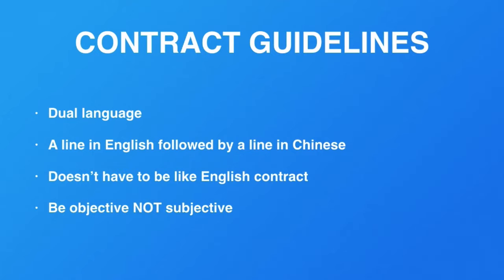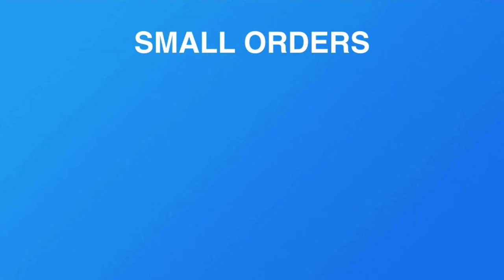So what kind of contract do you use? Obviously, when you're first getting started, your orders are a little bit smaller, and to go and sign a full-on contract is sometimes a little bit difficult, and your supplier might not cooperate with you.